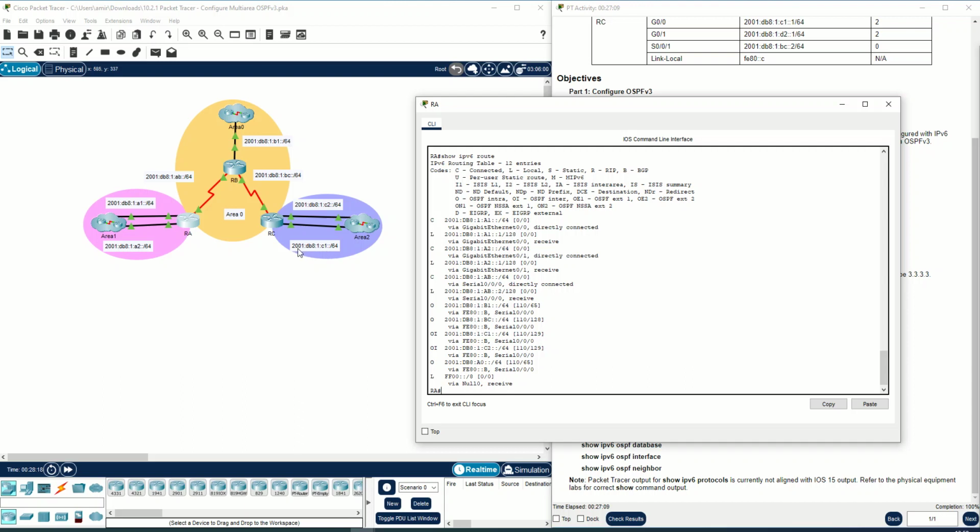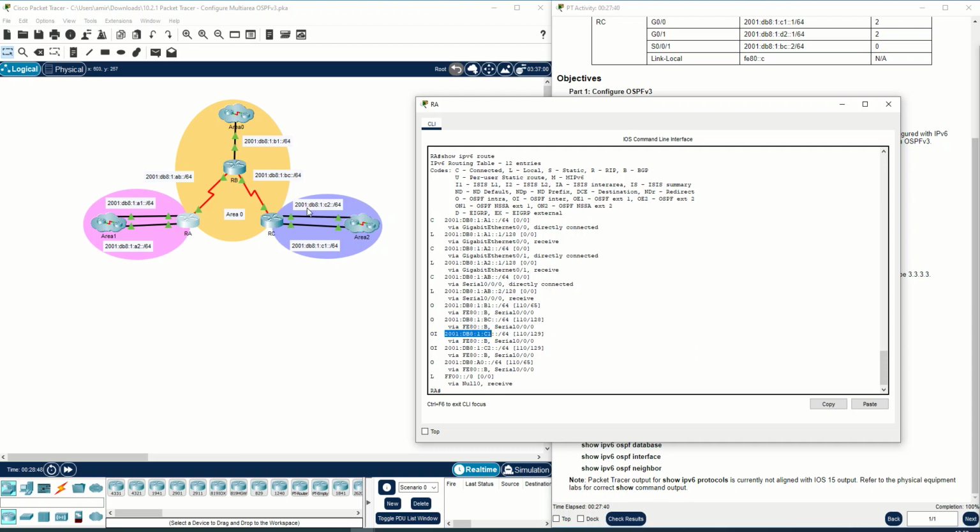As you can see, we have two network addresses here that RA has learned from another area that does not have any direct connection to this area. I mean, this one and this one. This is OI, which means OSPF inter-area, and RA has learned both of them.